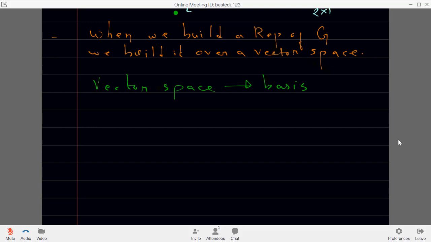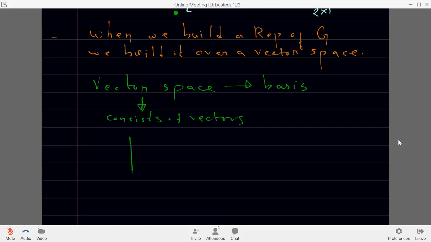So a vector space is a space which consists of vectors, and you can do operations like commutative addition of vectors, associative, distributive, etc. Let's not go into all the technical stuff. Just let me write it as: a vector space is a space which consists of vectors.